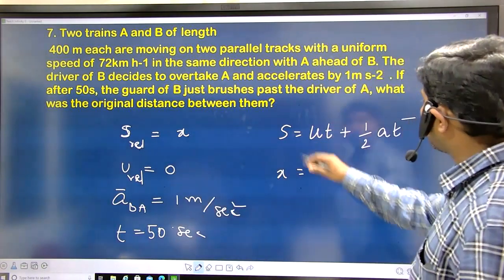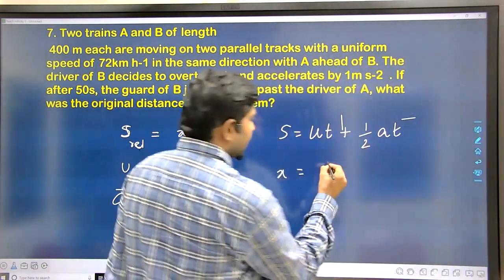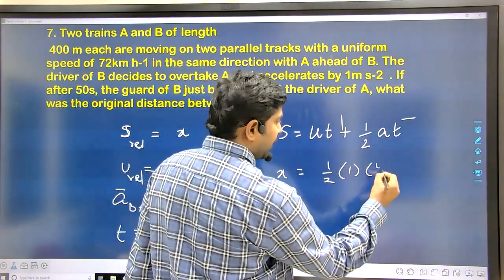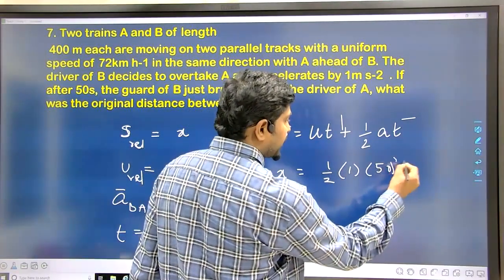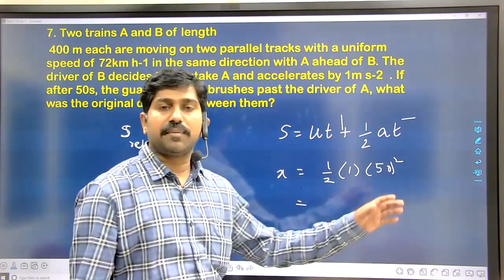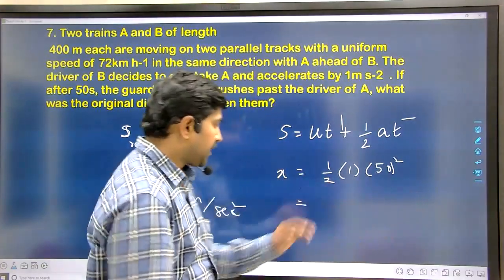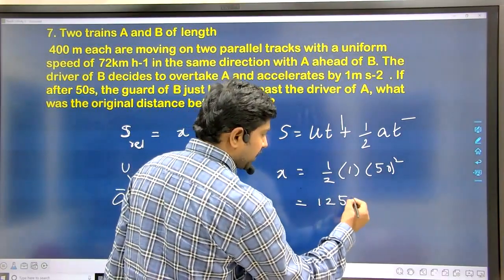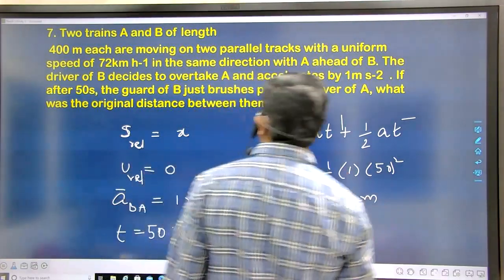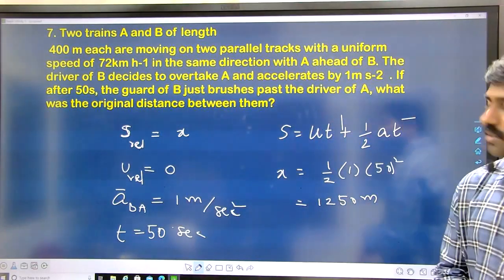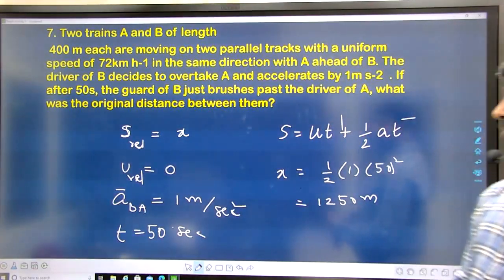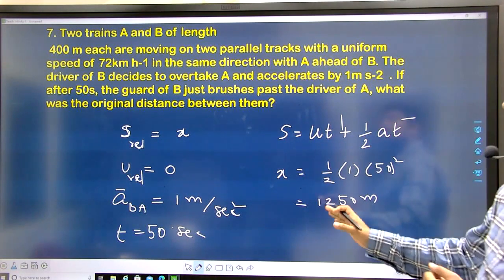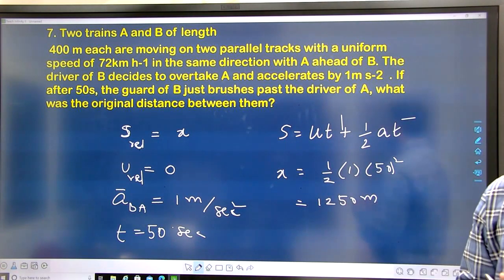So the first factor becomes 0, and here half, relative acceleration is 1 and t will be 50. 50 square will be 2500. By 2 it will be 1250 meters. How much distance B traveled is 1250 meters only.